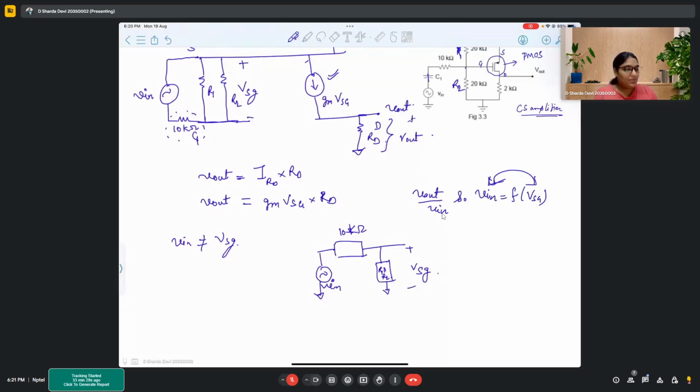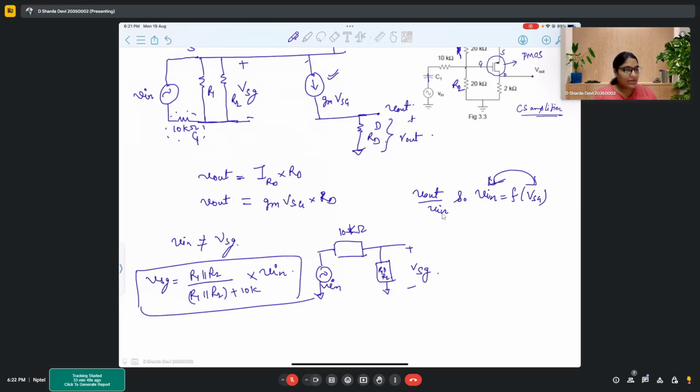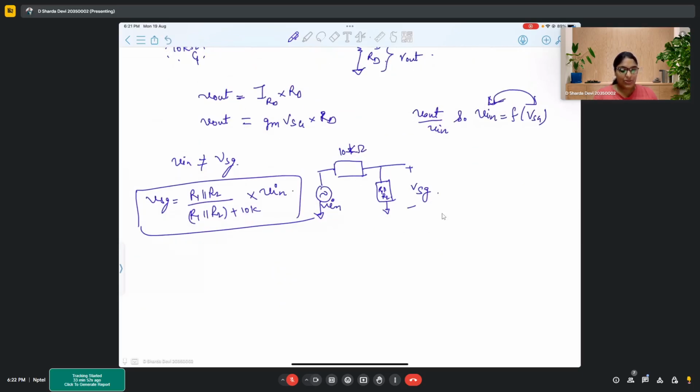So from this diagram, we clearly know that VSG is R1 parallel R2 upon R1 parallel R2 plus 10K into Vn. So this is what is VSG.